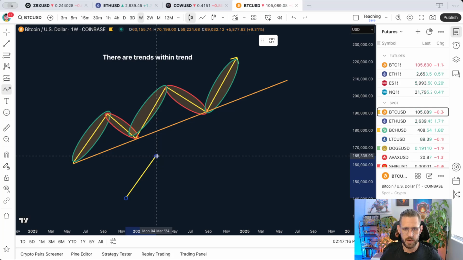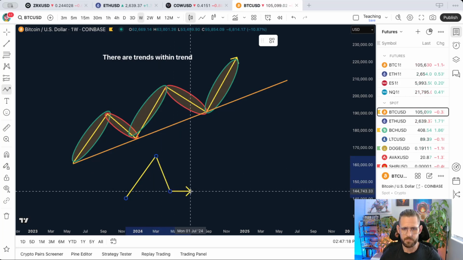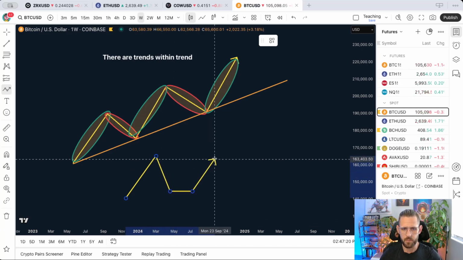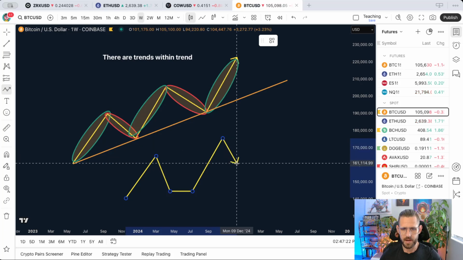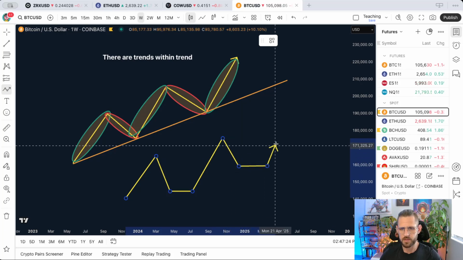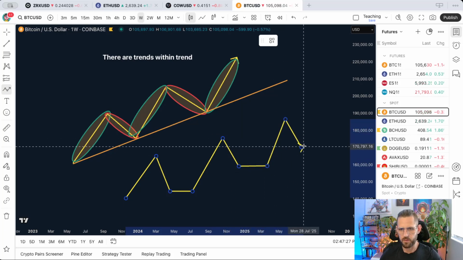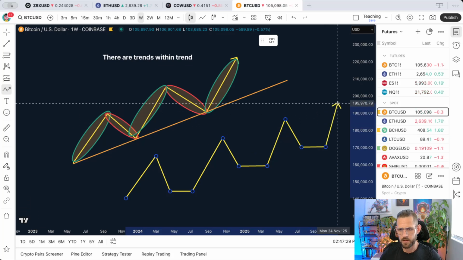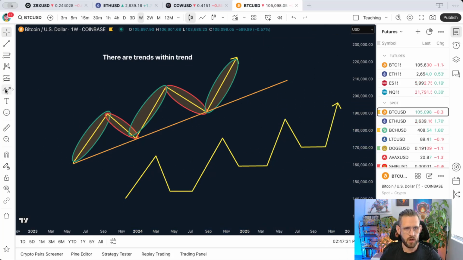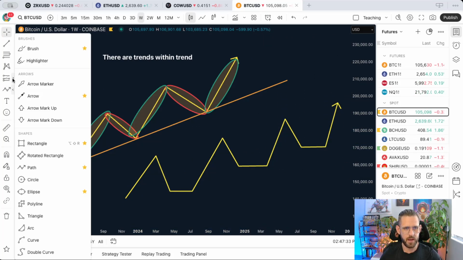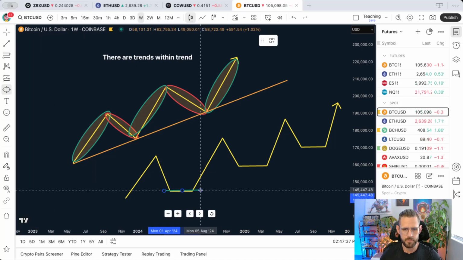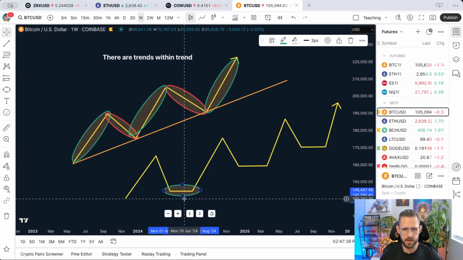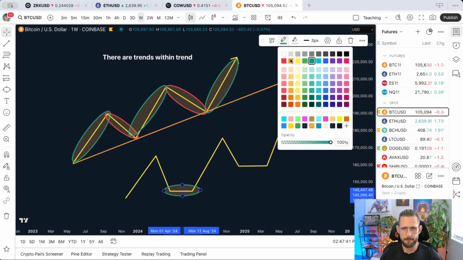Where we have our uptrend, we have our downtrend, then we have this pause sideways, then we have the uptrend, then we have the downtrend, we have the pause sideways, and so on and so forth. Okay, and here you will often see that sideways market. Right here, okay?